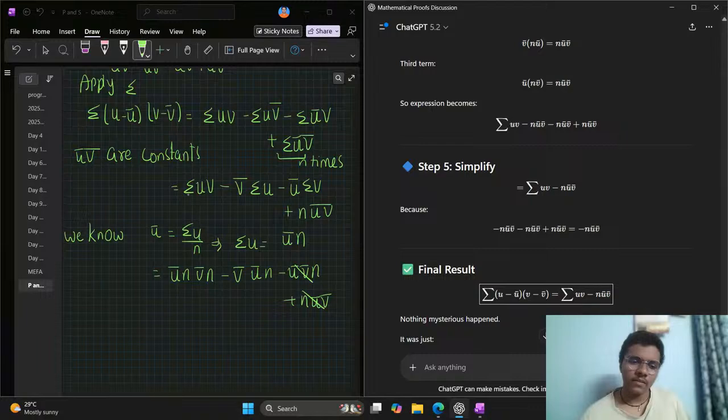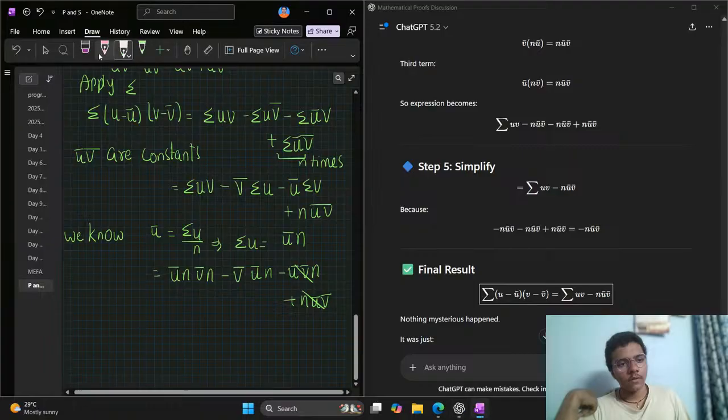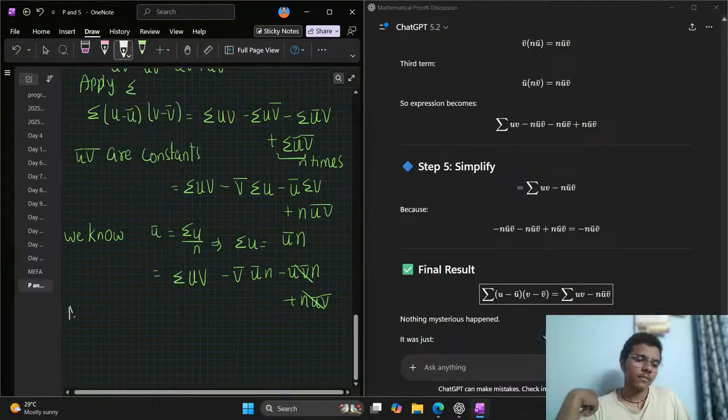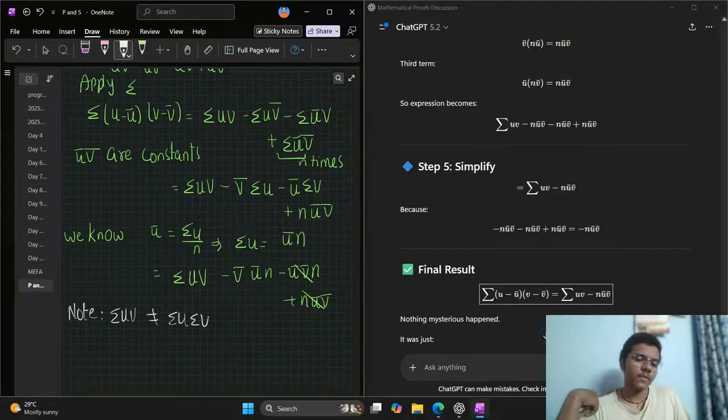Wait, can't you write sigma uv? Okay. This is wrong. This is wrong. Why is this wrong? Because sigma uv is not the same as sigma u sigma v. Let's write that as a note point. Sigma uv is not equal to sigma u sigma v.